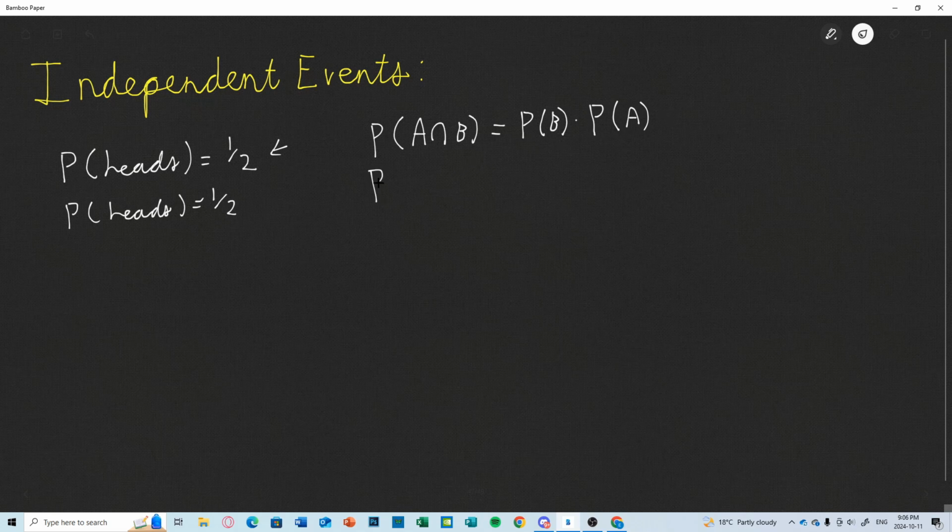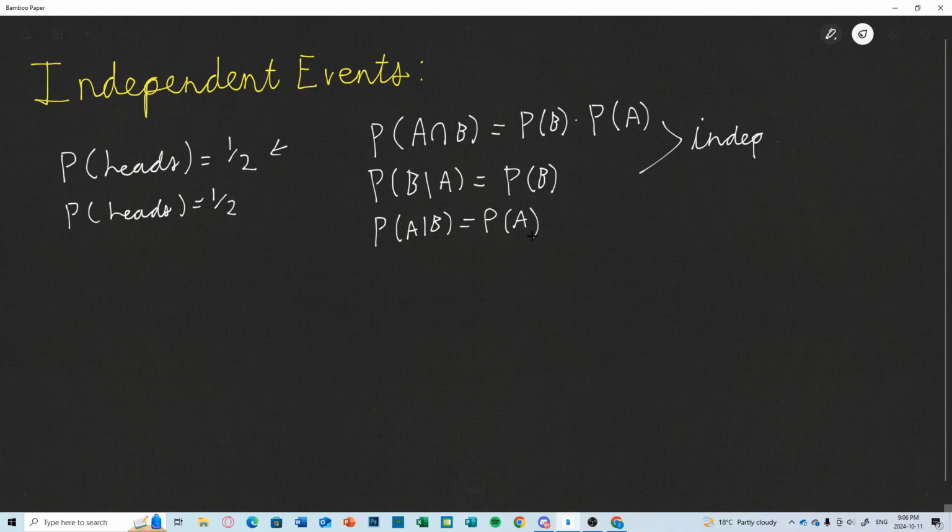Or if the probability of your second event given your first event equals the probability of your second event, then they are also independent. And this second formula also works with the probability of A given B being equal to the probability of A.